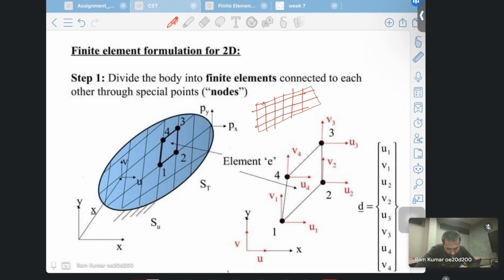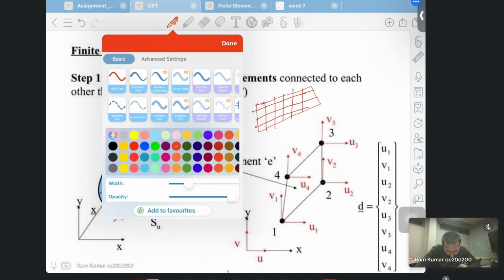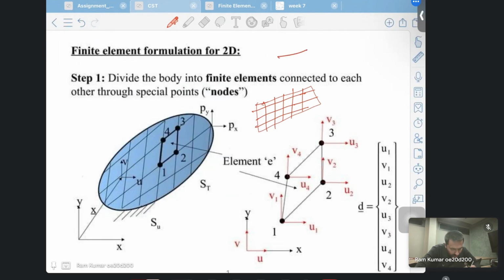For example, this is one of our members, and I want to find displacement or force or strain somewhere. I don't know which location, so I'm saying this location. I want to find this parameter, like displacement, force, and strain.